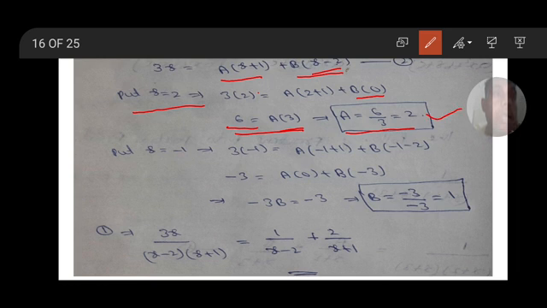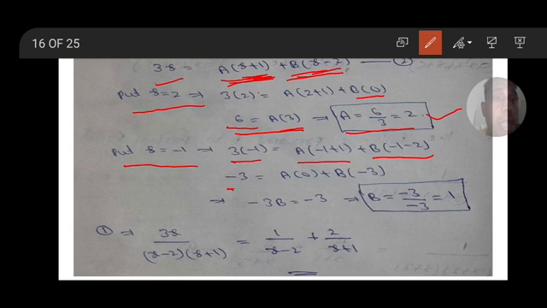Next, to get b value, a must be 0. A coefficient is x plus 1, meaning x equal to minus 1. So substitute x equal to minus 1 in the equation 2. We get 3 into minus 1 equal to a into (minus 1 plus 1) plus b into (minus 1 minus 2). Wherever x we have to substitute minus 1.